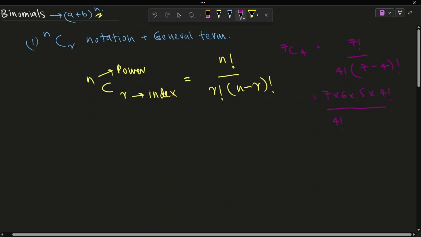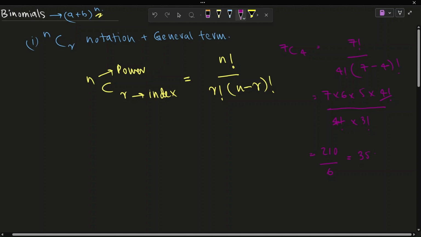So 4 factorial times 3 factorial, these cancel out. 7 times 6 times 5 is 210. 3 factorial is just 6. Therefore, this is equal to 35, and that's what 7C4 is. That's how simple it is.